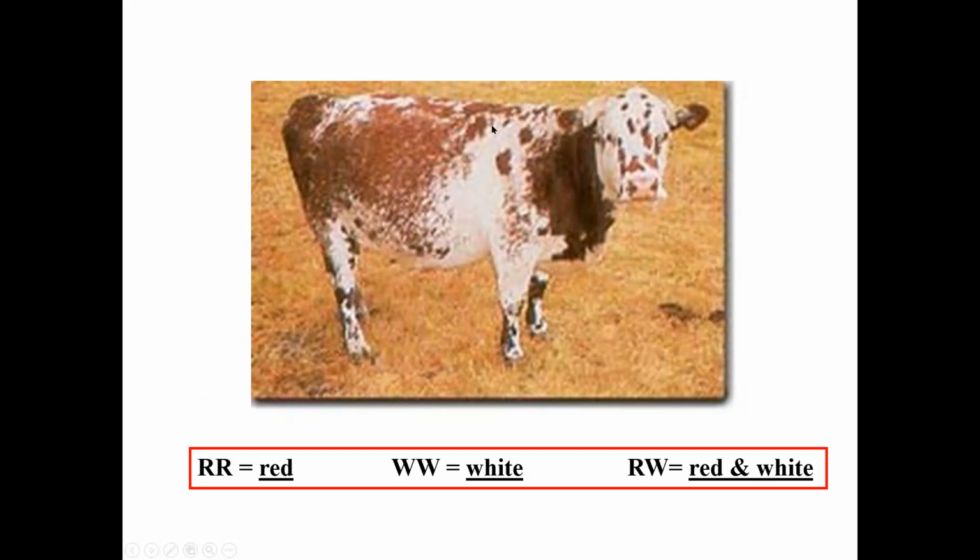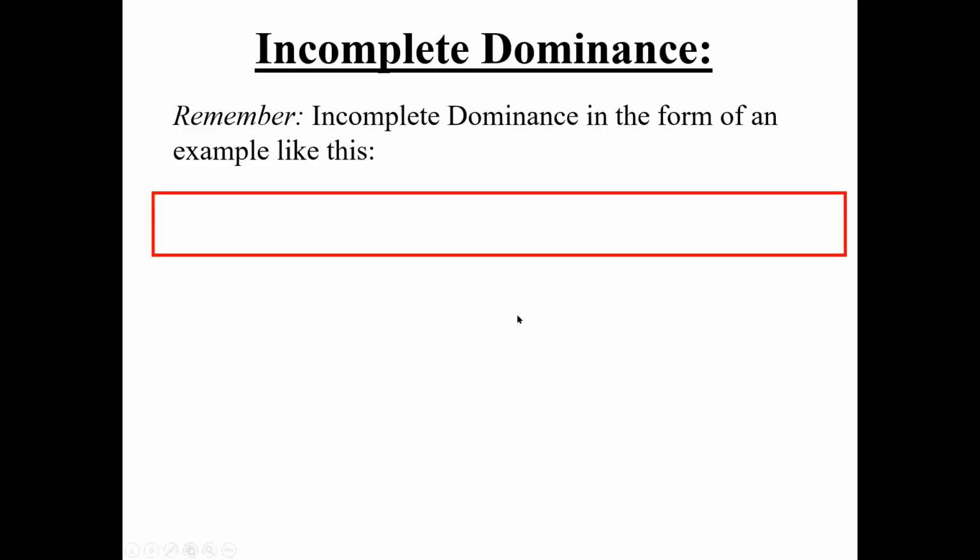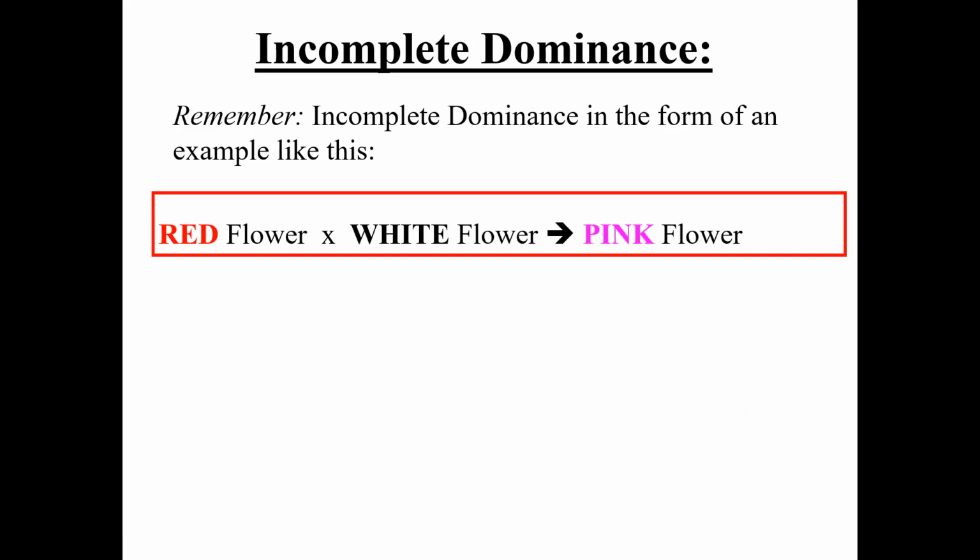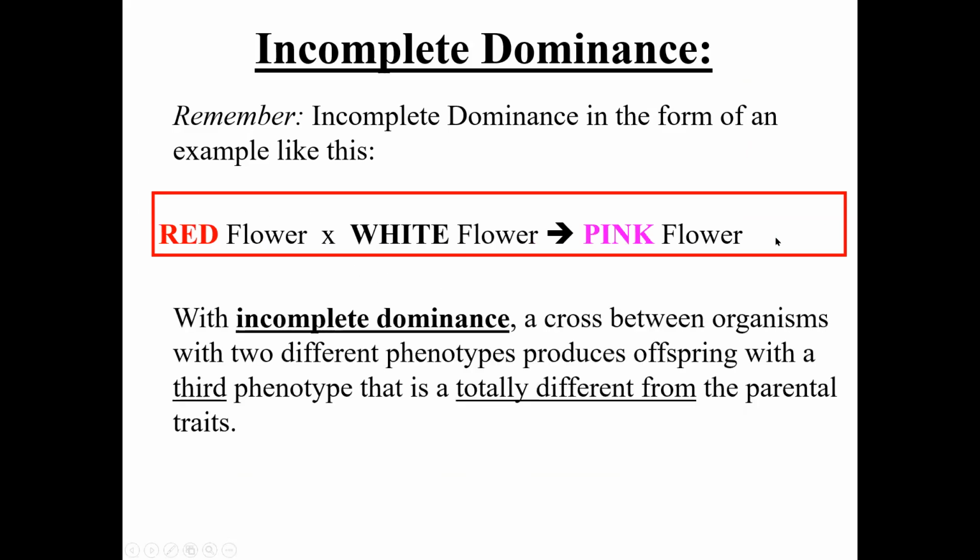Okay, here we have roan cattle again. Once again, you can see red patches, you can see white patches. Hence, this is codominance. You can see both the traits showing up, right? Now, if it was codominance, red and white would give you flowers with red and white patches on them.